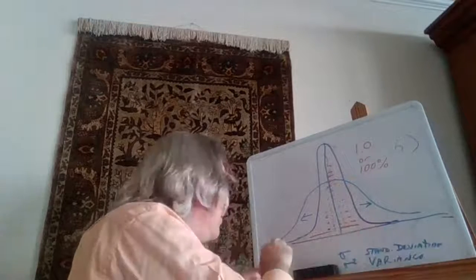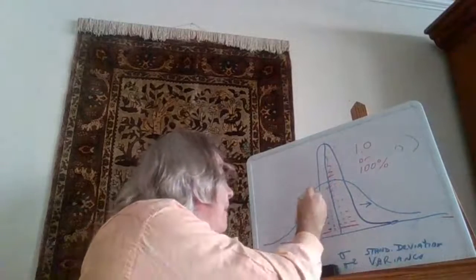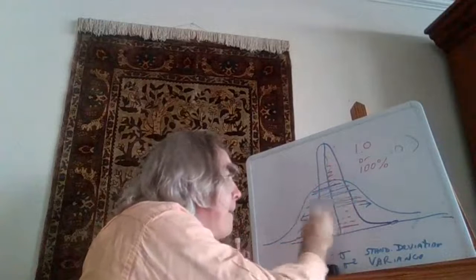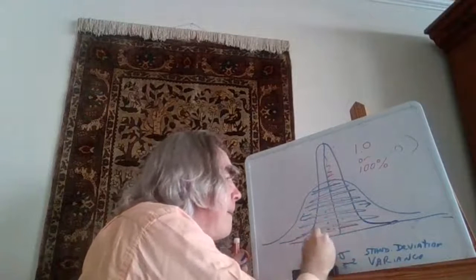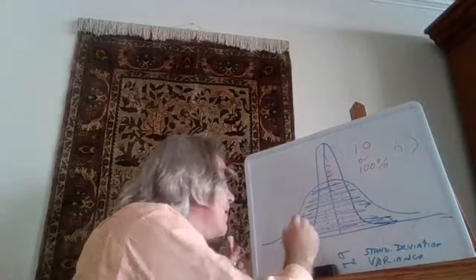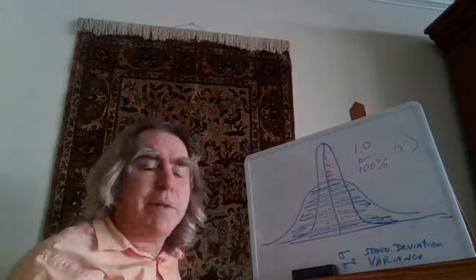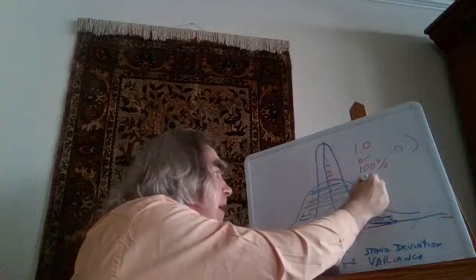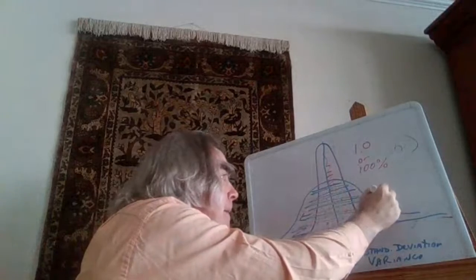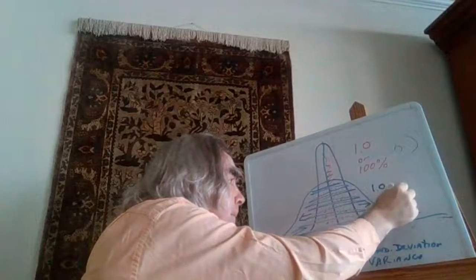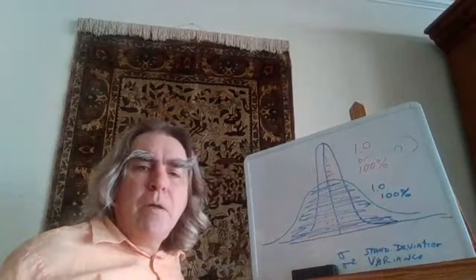The area under this blue line, if it is a normal distribution, it is a probability distribution. What is this area? This is the same, right?